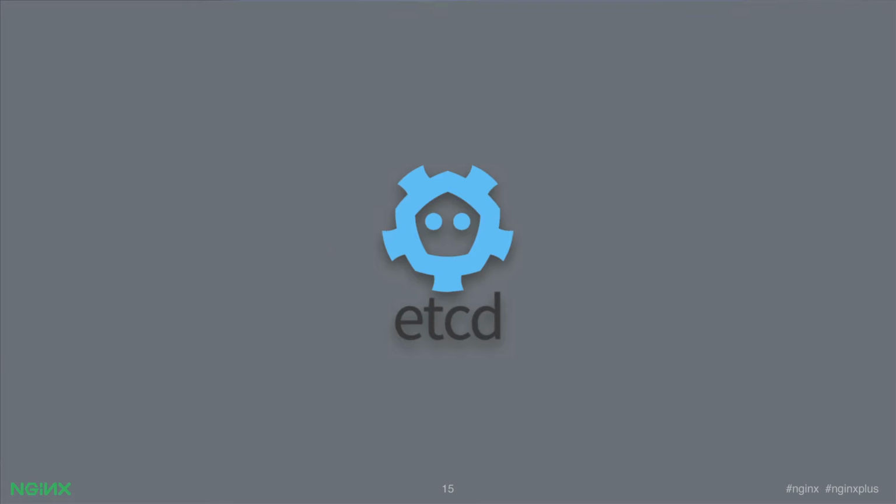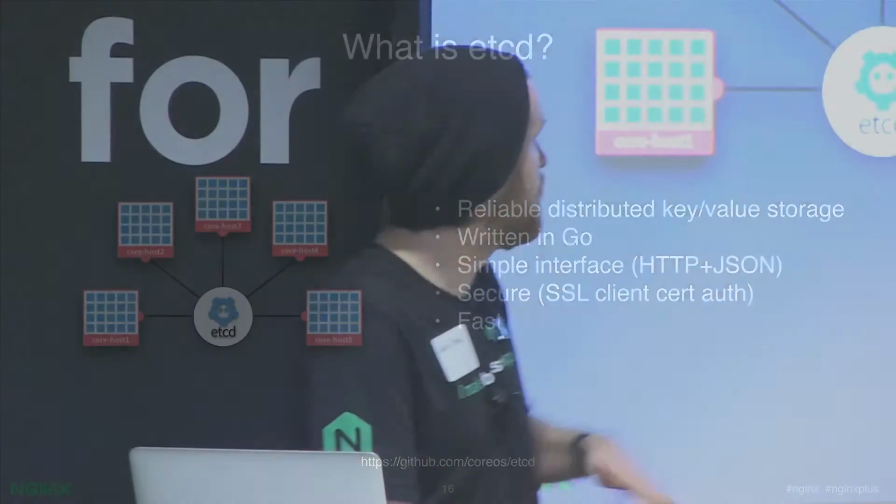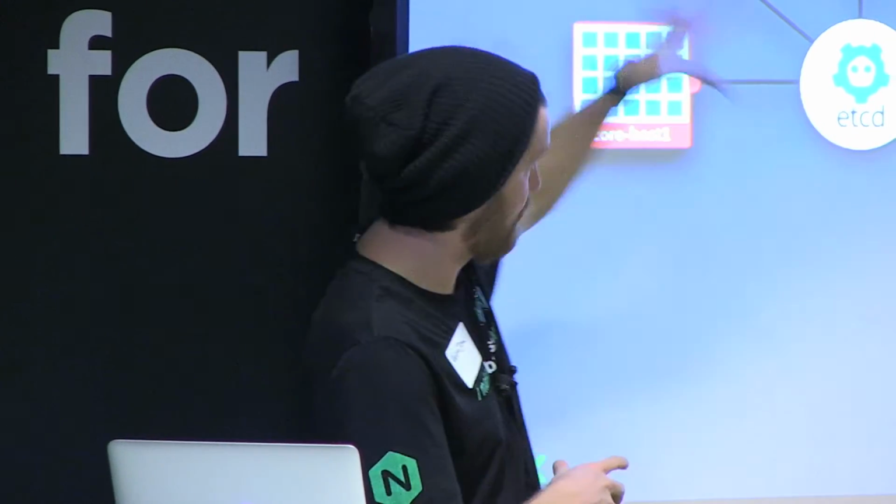etcd. If you guys aren't familiar with etcd, etcd is really awesome. It's basically a key value storage that you can set up and distribute on your CoreOS cluster. So in this diagram, there are 5 different CoreOS machines. All of them have etcd running on them, and all of them are constantly keeping in sync. It's written in Go, so it's very fast.